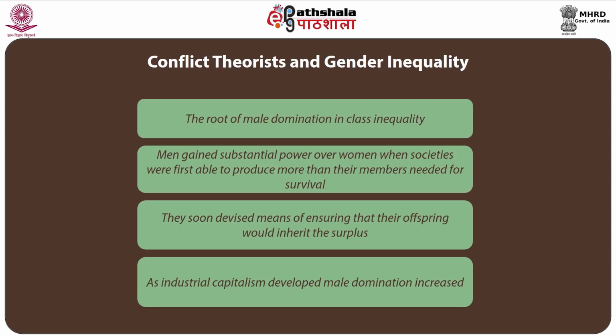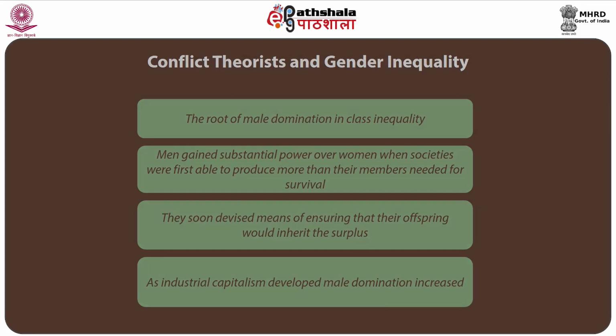Some men gained control over the economic surplus. They soon devised means of ensuring that their offspring would inherit the surplus. Frederick Engels and Lewis Morgan are the principal authors of this particular construct. With industrial capitalism, male domination increased.